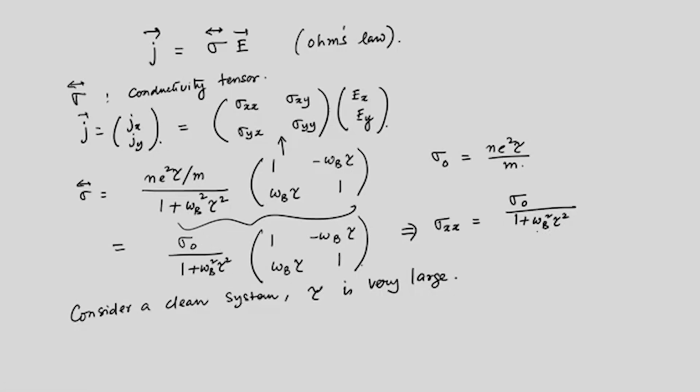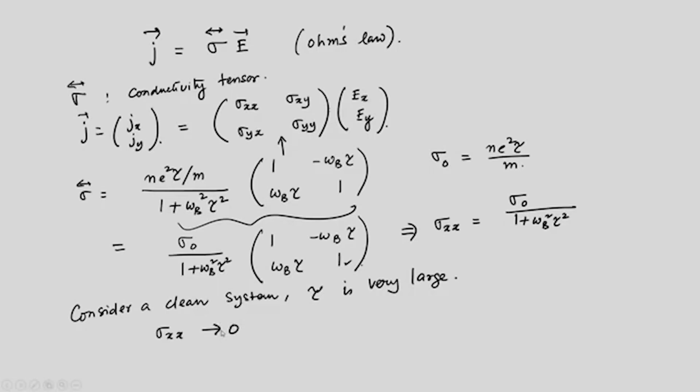So, this is sigma 0 divided by 1 plus omega b square tau square, same as sigma yy, but then let us not talk about sigma yy because you are sending current in the x direction. Okay, the sigma yy is there, but we are not sending a current in that direction. When we will be doing that, then this will make sense, but then this also exists. Okay.